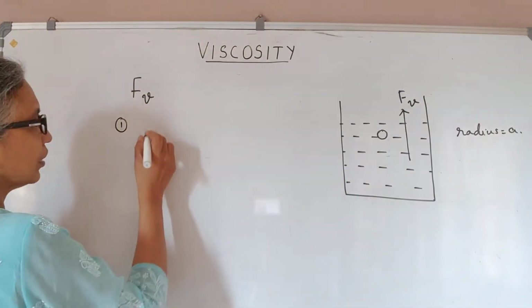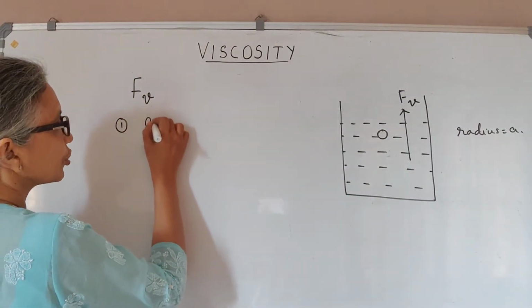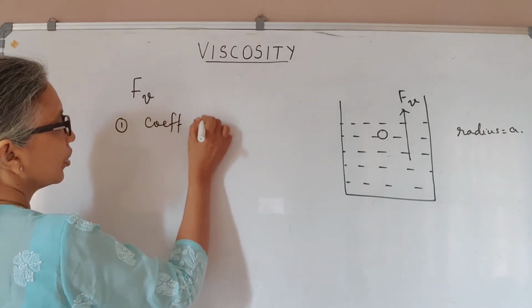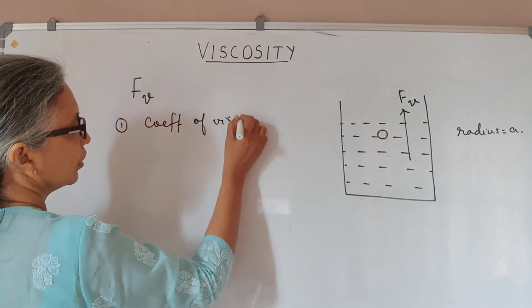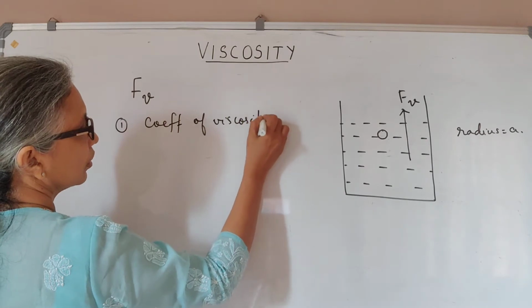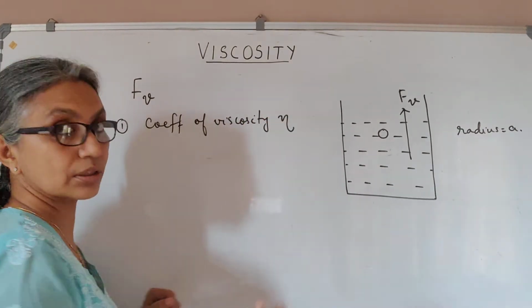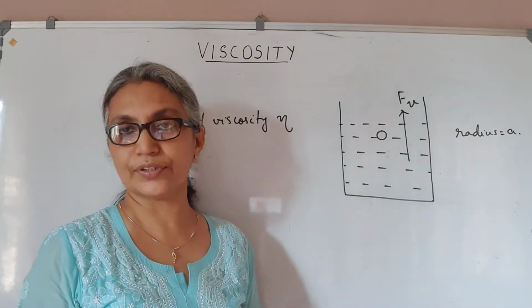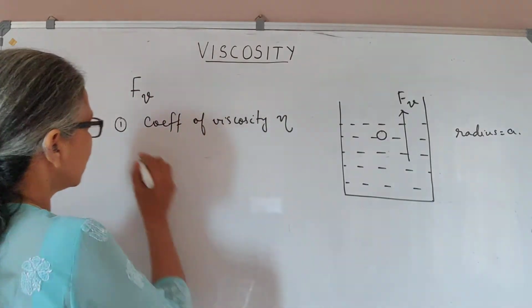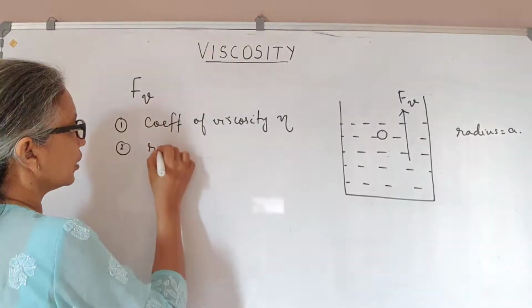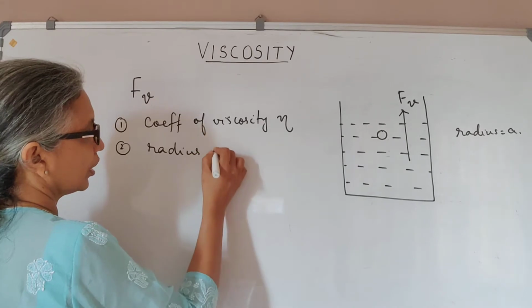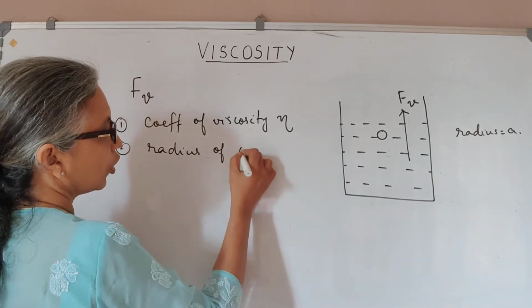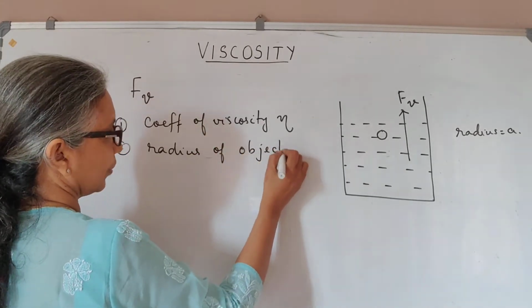The first one being the coefficient of viscosity eta of this liquid. Greater the coefficient of viscosity, greater will be the viscous force. The second thing is the radius of that metal ball, or radius of that object or sphere.